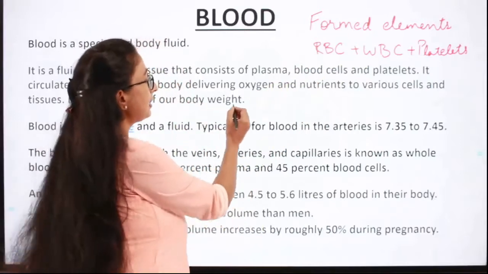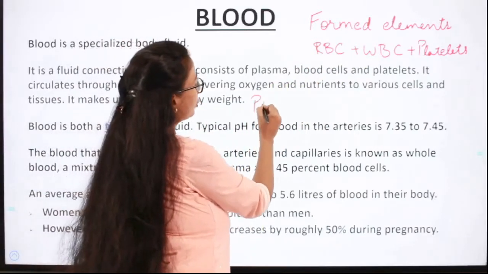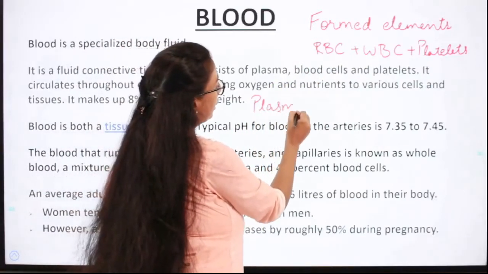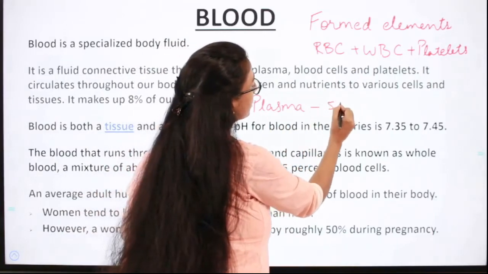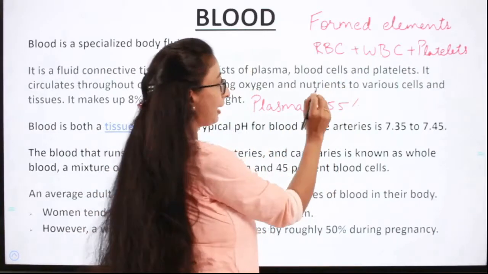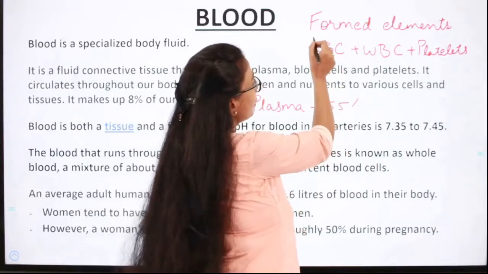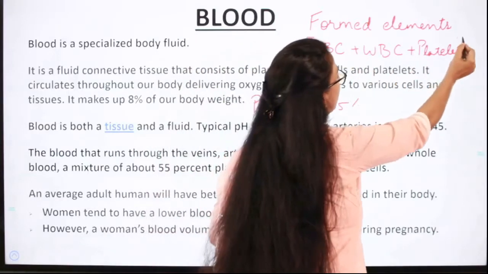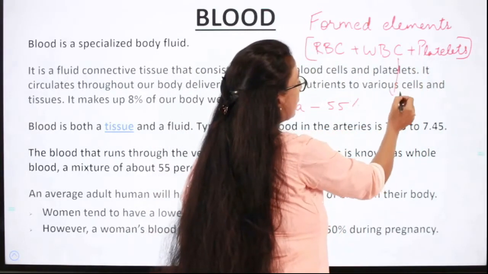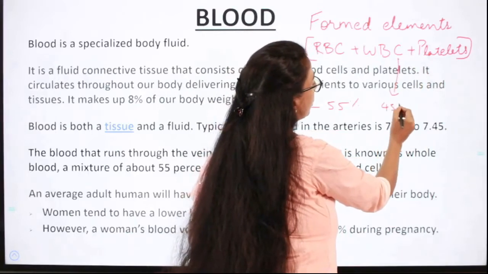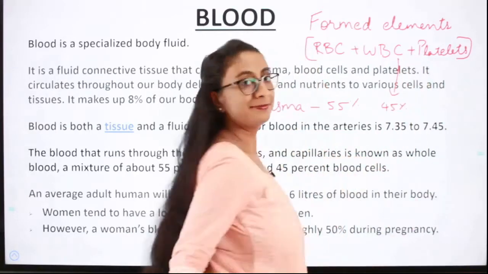So plasma is around 55% of blood, whereas these formed elements, which include RBC, WBC and platelets, make up around 45% of blood.